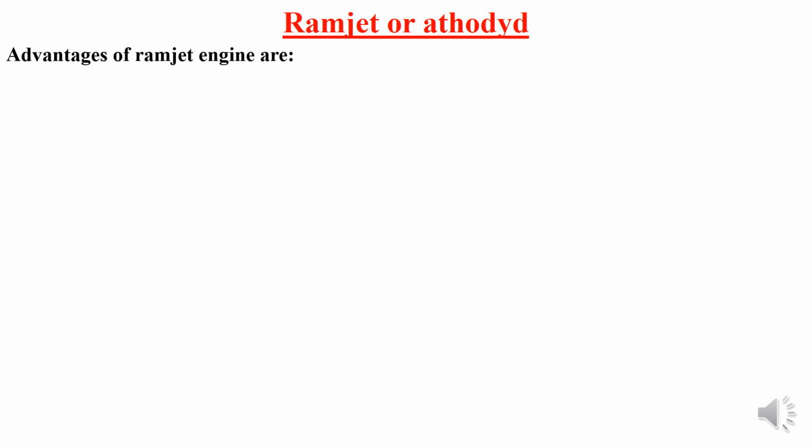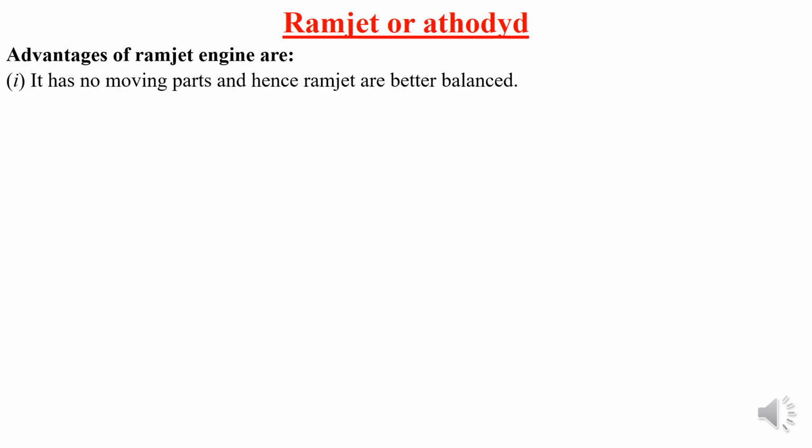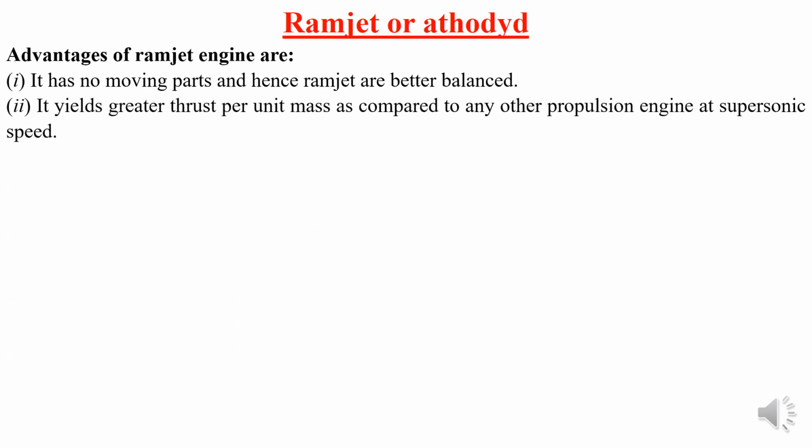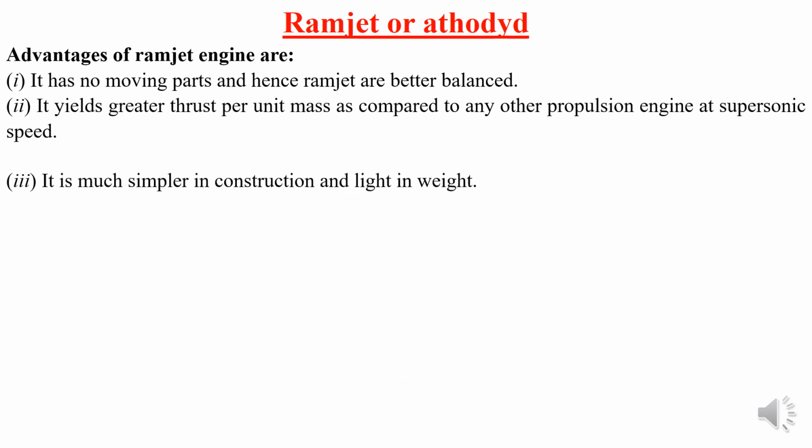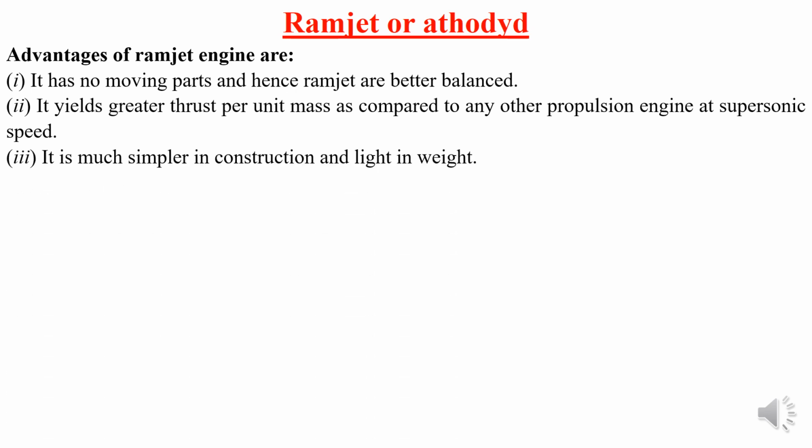So what are the advantages? As I told, this engine doesn't have any moving parts, and balancing will be very easy. It yields greater thrust force per unit mass as compared to any other propulsion system, and it is much simpler in construction and light in weight, because there won't be any moving parts, so components are reduced.